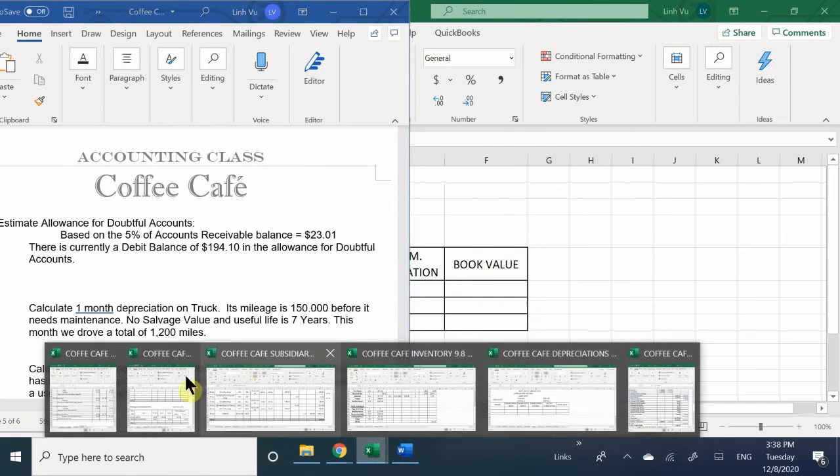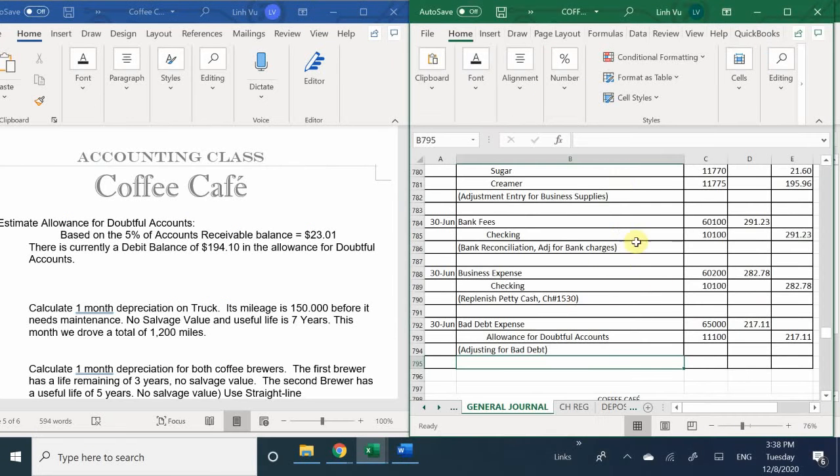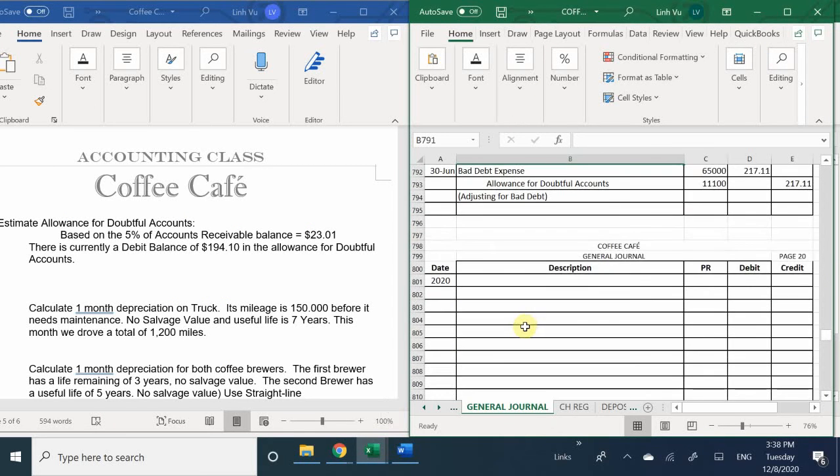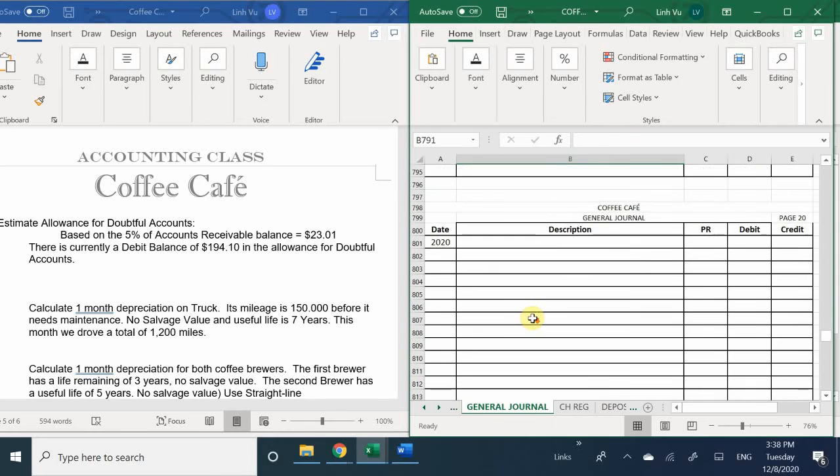Okay, so let's go ahead. We're going to take a quick break away from our journal. As you can see, we already reached the end of the page. So we're going to be completing our depreciation expense on page 20. What you can do for this is we're going to calculate every single asset for depreciation, and we're going to put it all into one account.